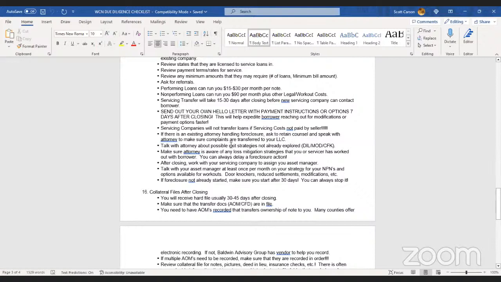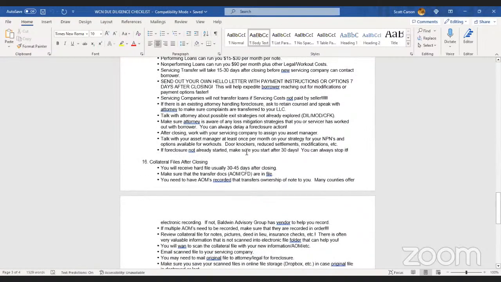Talk with the attorney about possible exit strategies that have not already been explored, because some sellers will have one or two strategies. They won't entertain everything else, and those strategies may be different for you. Like the seller may not be interested in doing a loan mod, but you might be. So talk to the attorney and see, hey, has the borrower expressed any interest in stuff like that? Make sure the attorney and your servicing company are aware of what loss mitigation strategies you or your servicer have worked out with the borrower. You can always delay a foreclosure auction. That's the beautiful thing about that.